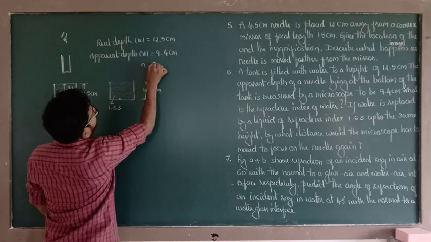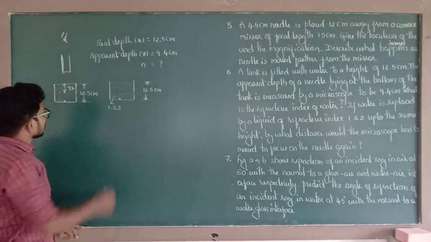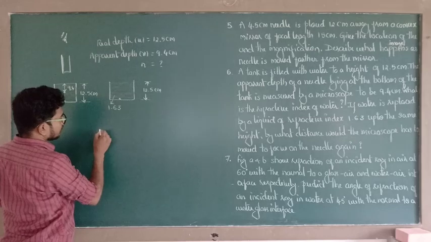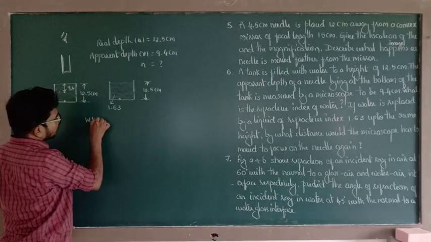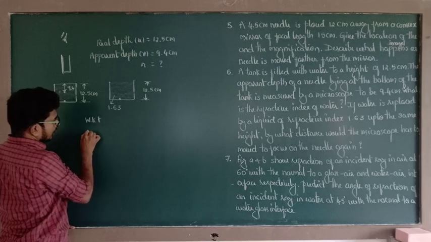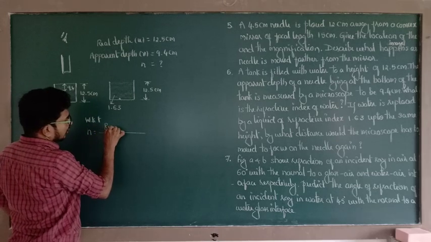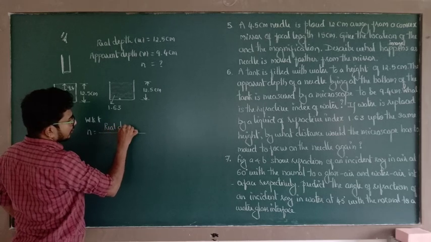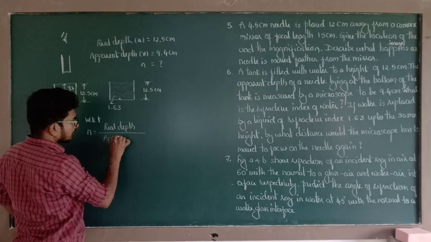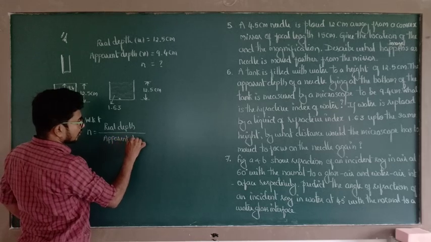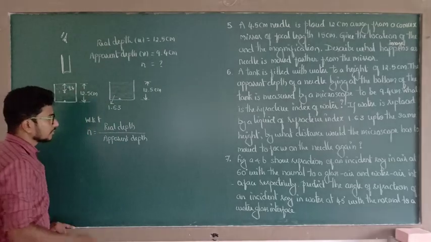Then the refractive index of the liquid. In the first case, the refractive index of the liquid, n, is equal to real depth divided by apparent depth, or you can write object distance divided by image distance.